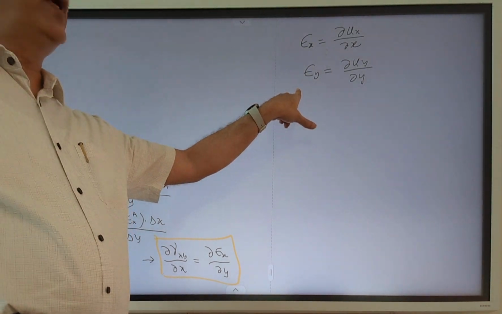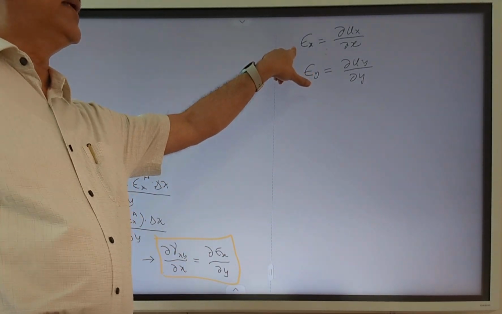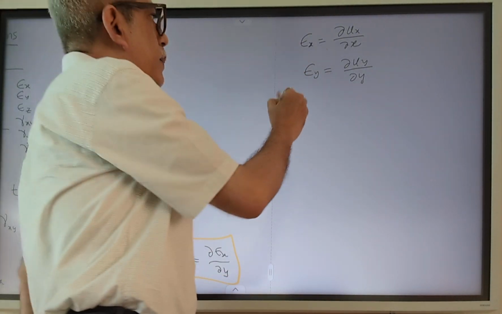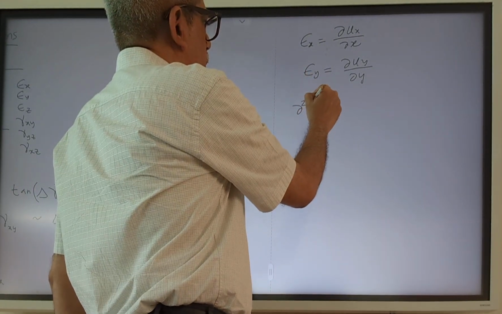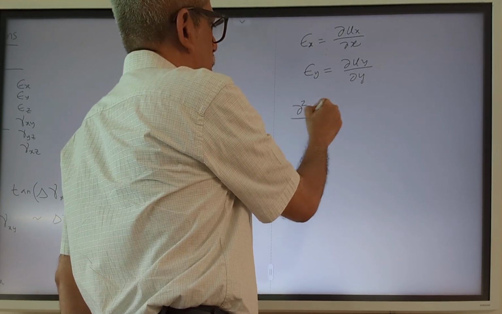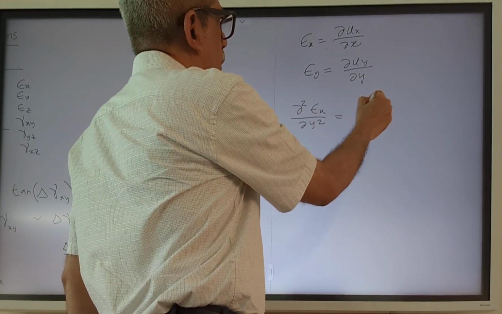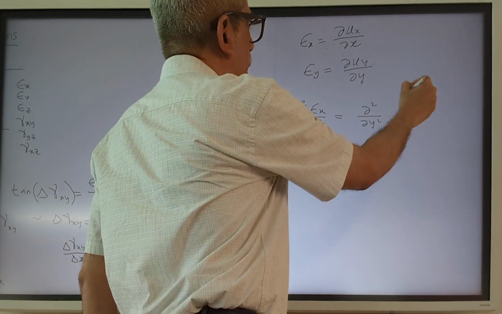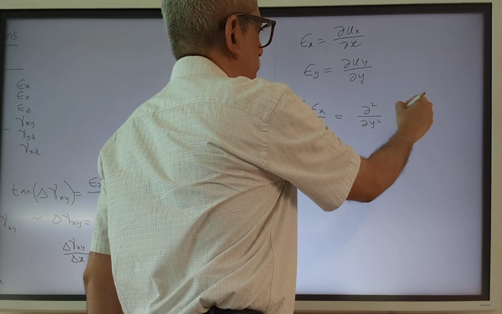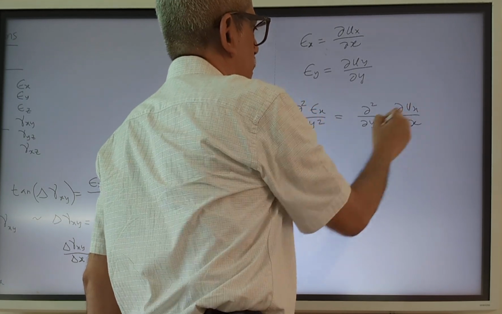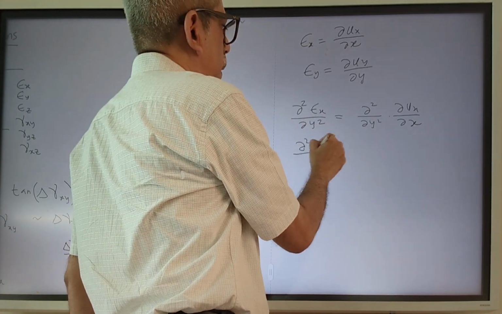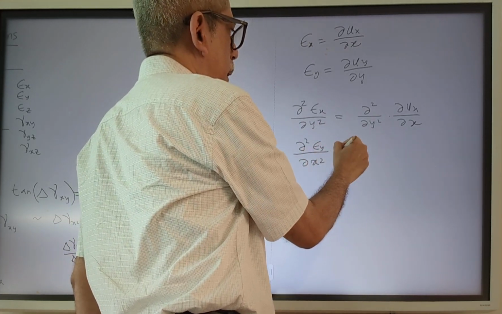What we'll do here is take the second partial derivative of epsilon x with respect to y, that is partial square by partial y square, and the second derivative of epsilon y with respect to x square.